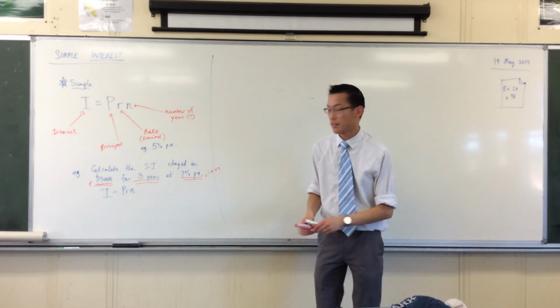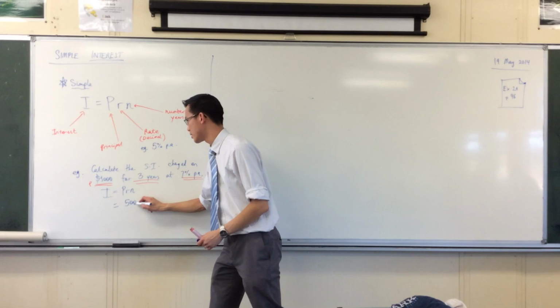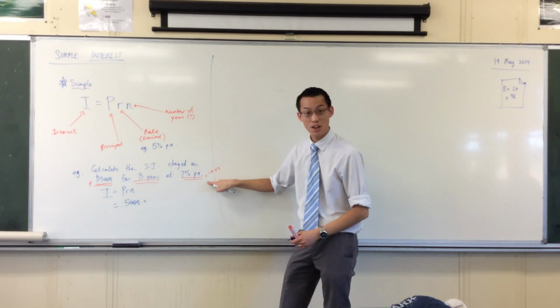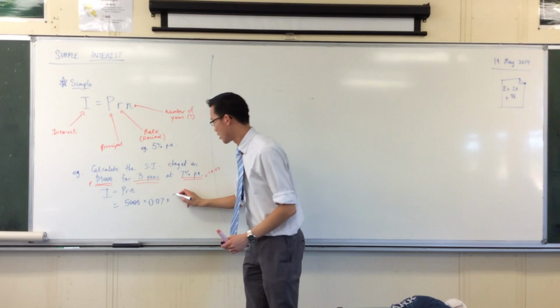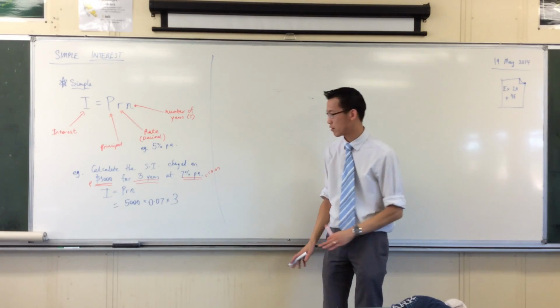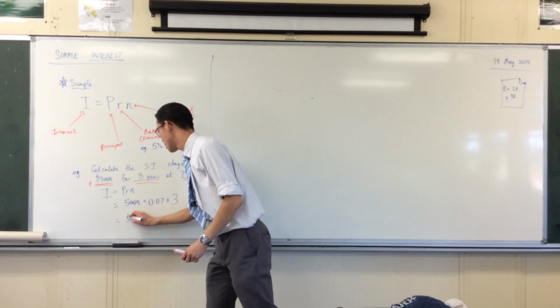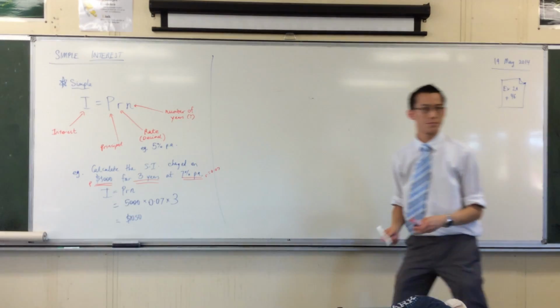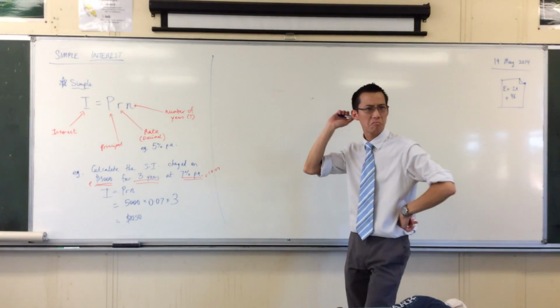Okay. So now, let's pop them in. Interest equals 5,000 times 0.07, like you told me, times 3 years. There you go. Okay. 1,050. Now, does that seem like a lot of money?